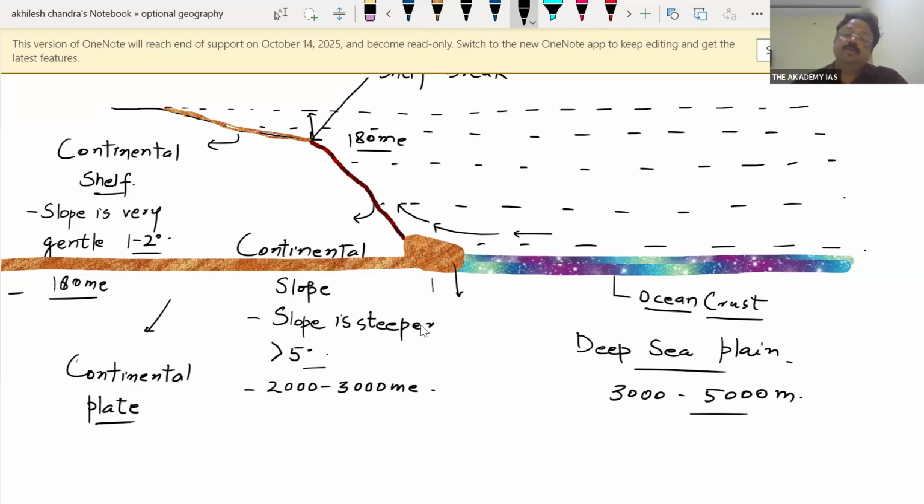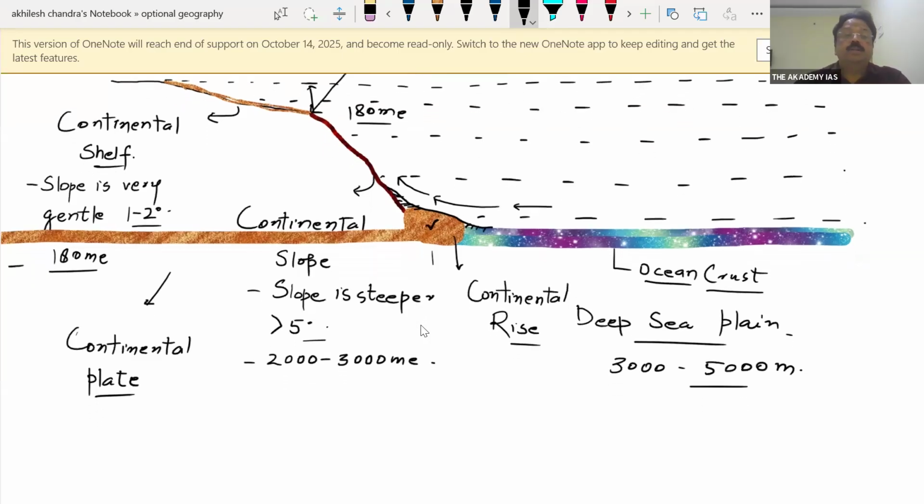Continental rise is always present when the ocean floor and continental floor are the same. For example, North America plate and Atlantic floor, South America plate and Atlantic floor, or African plate and Atlantic floor, as well as Indian Ocean floor, there you will find this continental rise.